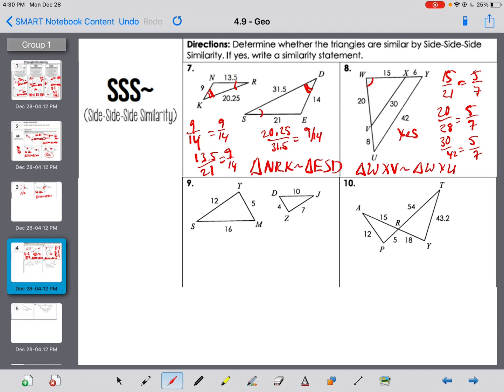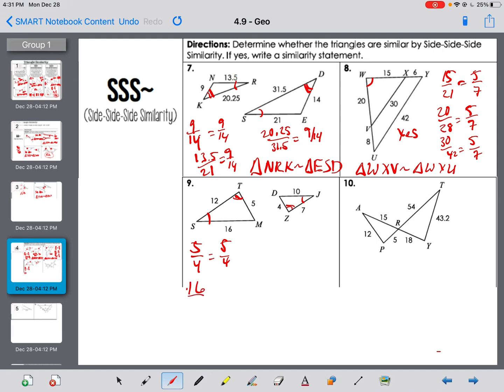Okay, here goes 9. What do I think? Things that are similar. Well, I think that S is supposed to be J. And I think that Z and T. Okay, so if I do T to M, which is a 5, that's going to be over 4. So that's 5/4.